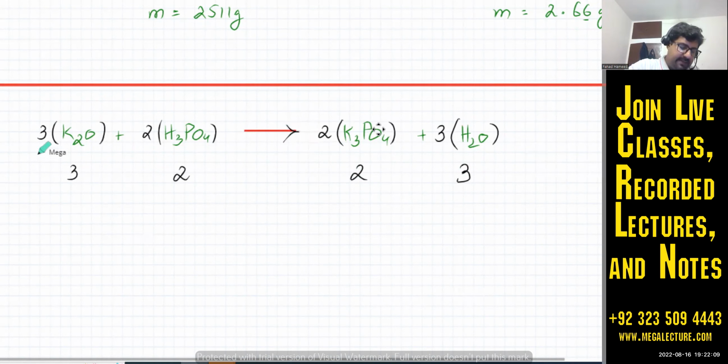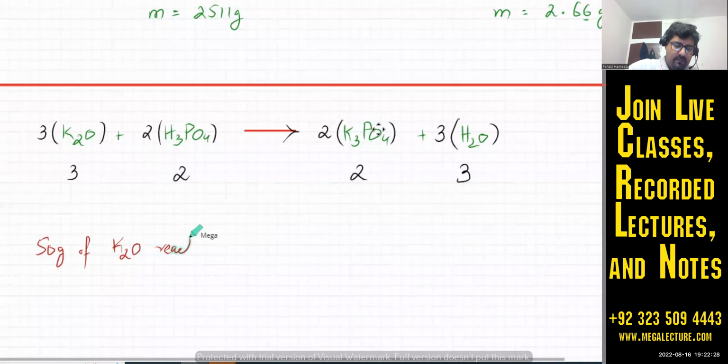Now, the question states: 50 grams of potassium oxide react completely. So they react completely.